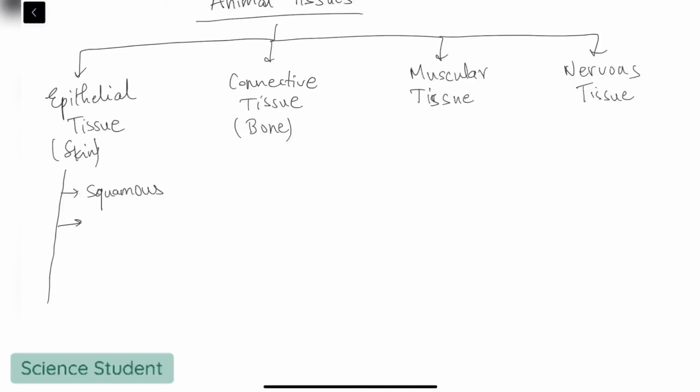Second one is stratified squamous. Third one is cuboidal, and fourth one is columnar. Okay, so squamous, stratified squamous, cuboidal, columnar. 4 kinds of epithelial tissue.